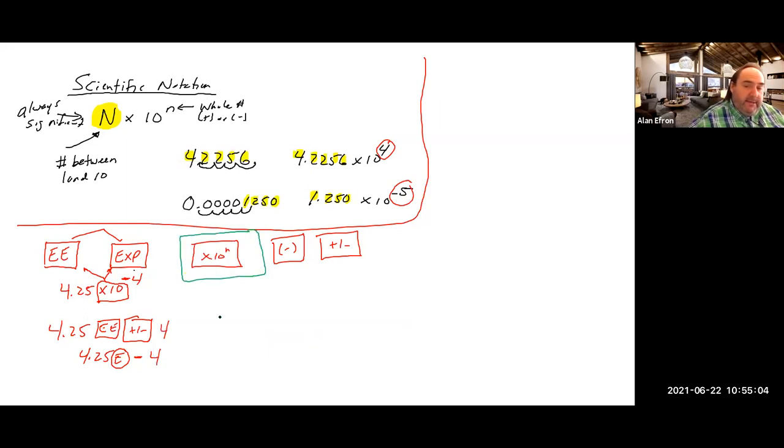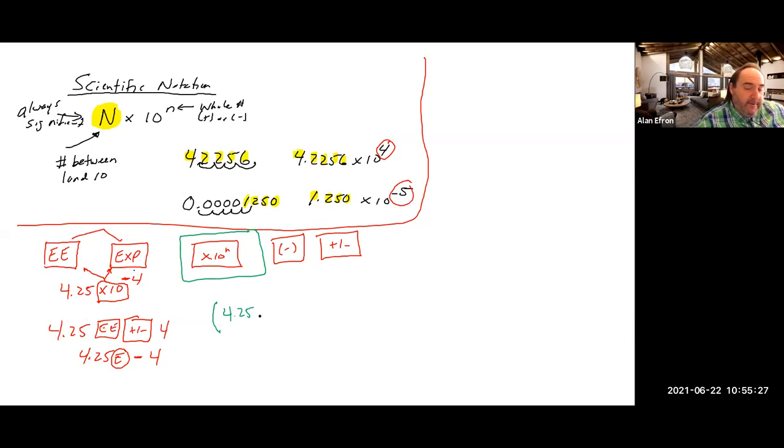If you have a newer sort of calculator, one that does have this type of button, you basically do the same thing, except that because of the way those calculators are typically programmed, you do need to make sure that you put parentheses around every single number that you're going to put in scientific notation. So if we're going to put the same number, I would start with opening a parenthesis. I would type 4.25.